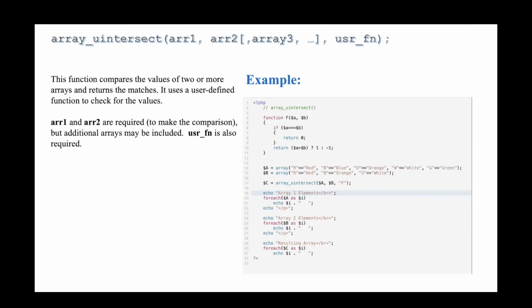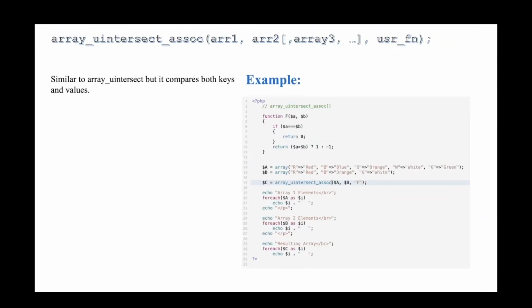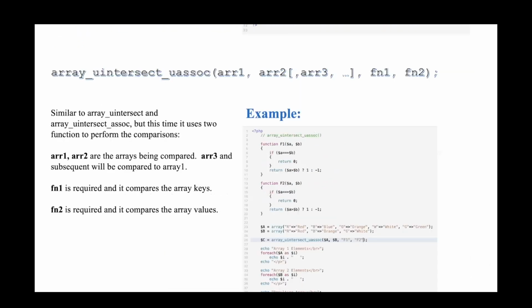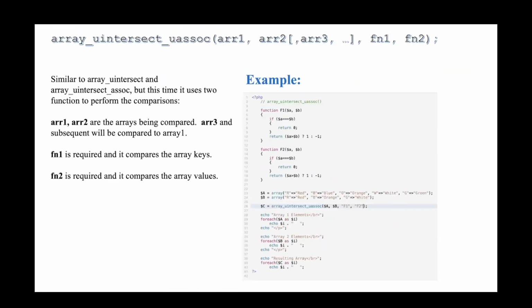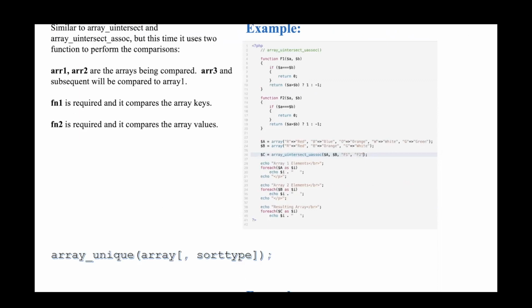And of course, you can do user-defined for your intersect, which compares the values of 2 or more arrays and returns the matches. And of course, for associative, and user-defined functions for both the intersect and the key functions and all that. Basically, you're making your own functions and sending them into an array function that calls on those functions.